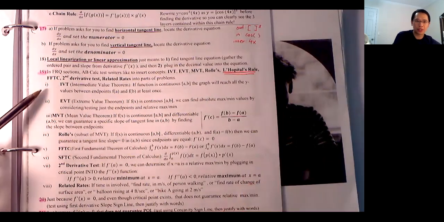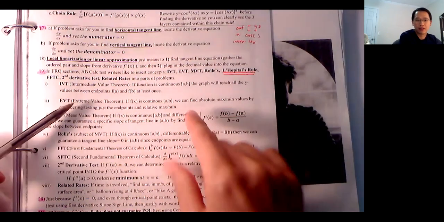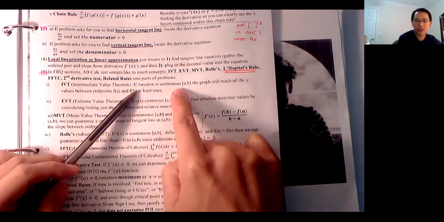So the first one is IVT. Okay, so IVT, there's no calculus involved with IVT. It just makes sense if you just think about it. So IVT says, the function is continuous, right?